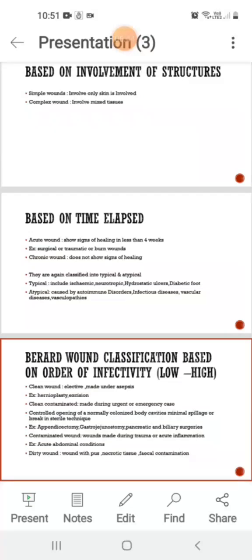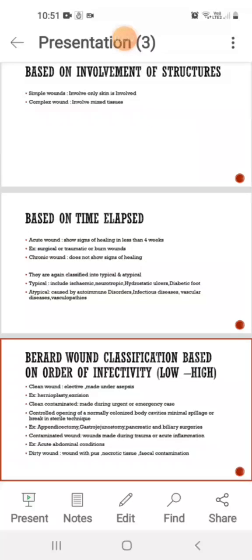Partial thickness wound involves skin loss up to deep dermis. Full thickness wound involves loss of entire skin and subcutaneous tissue. Deep wounds extend into muscles and deeper structures. Complicated wounds go further to nerves and vessels, and penetrating wounds go either into natural cavities or organs.